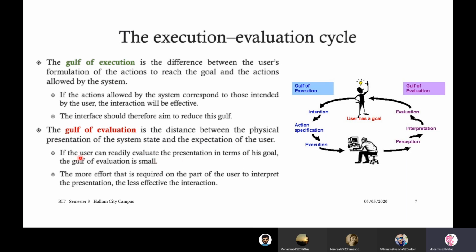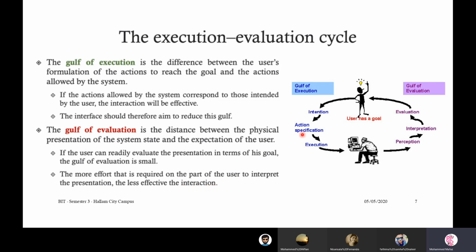So in gulf of evaluation, if the user can readily evaluate the presentation in terms of his goal, the gulf of evaluation is small. That means if they are able to match it with their goal in some way, we can say the gap is very less. The more effort that is required on the part of the user to interpret the presentation, the less effective the interaction.